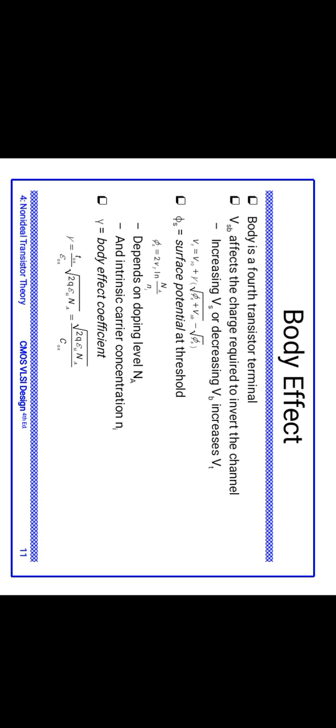It depends on doping level Na and intrinsic carrier concentration Ni. Gamma is the body effect coefficient. Gamma is equal to tox by epsilon ox root of 2q epsilon Si into Na, equal to root of 2q epsilon Si into Na by Cox.